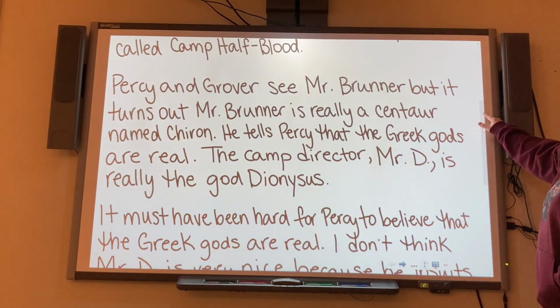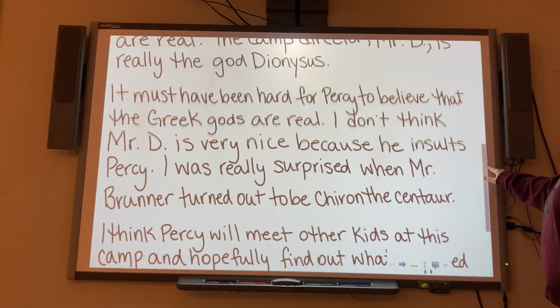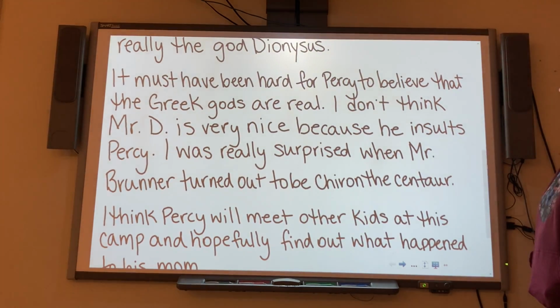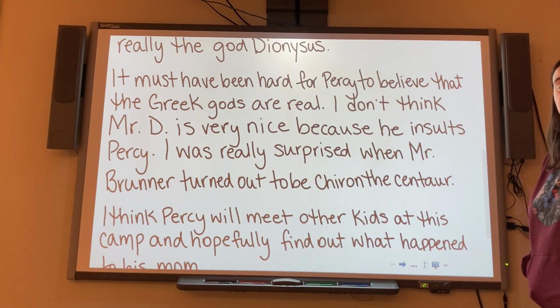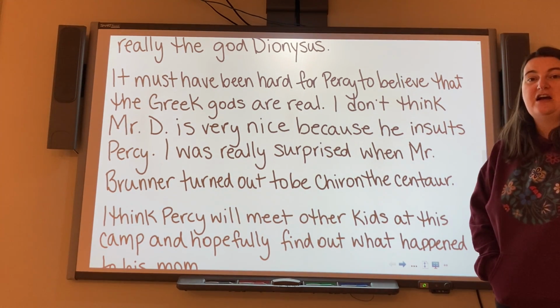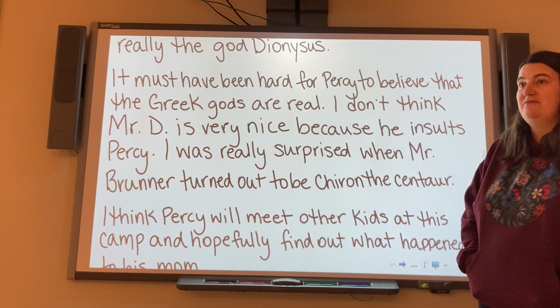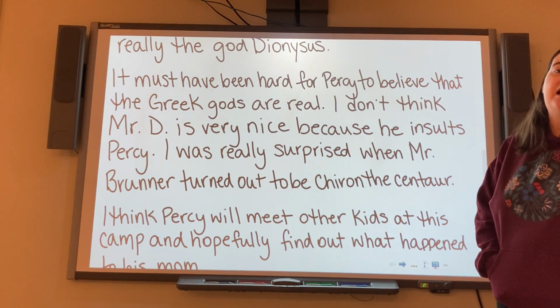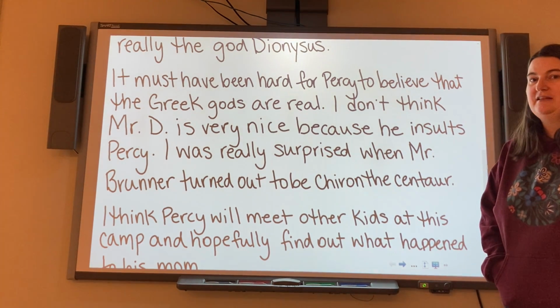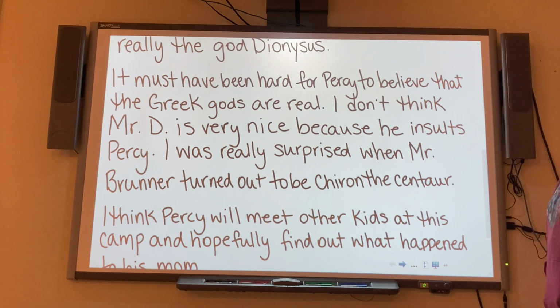All right, and then 3 sentences, what did you think about the story? So this is where it's your turn to say, I think this, I feel this, I was surprised, just your reaction to the action of chapter 5 or whatever chapter it is that you're talking about.